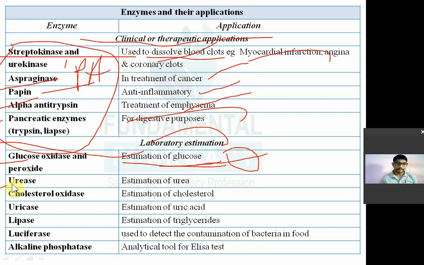Then urease is required for the estimation of urea. Cholesterol oxidase is used for estimation of cholesterol. Then uricase is required for estimation of uric acid. Lipase for triglyceride.